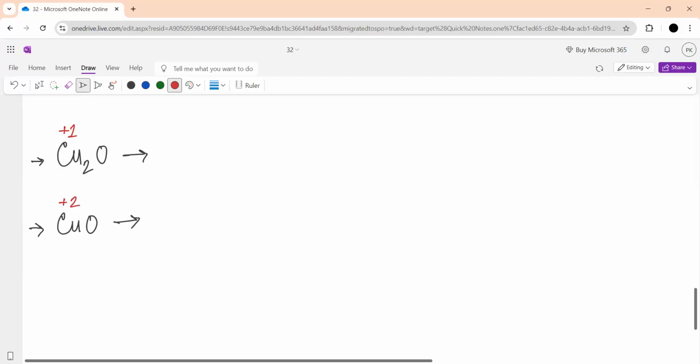So this one we will call cuprous oxide, and this one we will call cupric oxide. Here it is "ous" because of the lower oxidation state, and here the suffix is "ic" for the higher oxidation state. Fine?